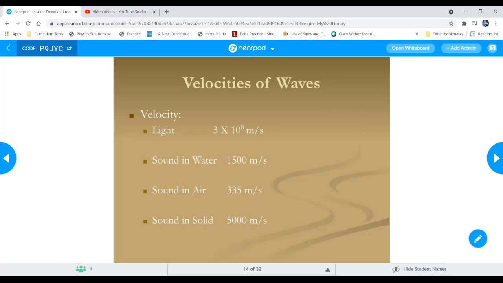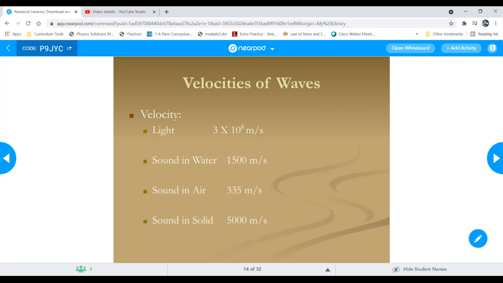Sound in water is about 1,500 meters per second. And in air, it only travels 335 meters per second. So you can actually see numerically that, yeah, you're right, Ben. It really does travel faster in a solid.